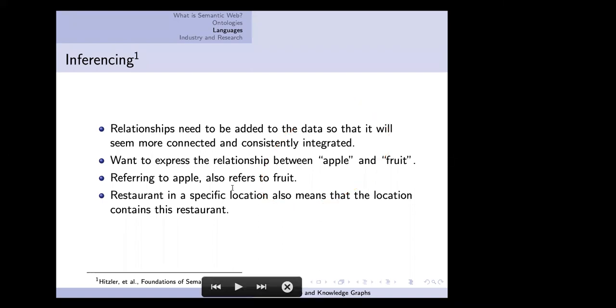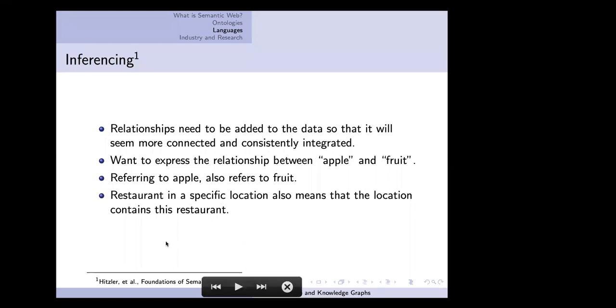So this is where relationships are then added to connect more integrated information. So let's say we have an apple that is also a fruit. So we are expressing this. So every time we actually refer to the apple, we're also referring to a fruit because we know that an apple is a fruit. So based on this, we can infer new information.